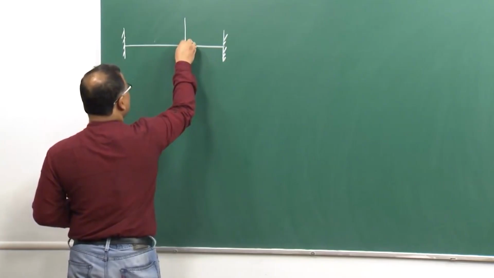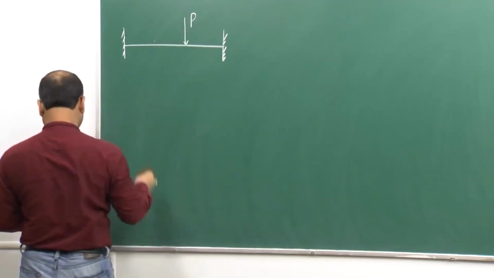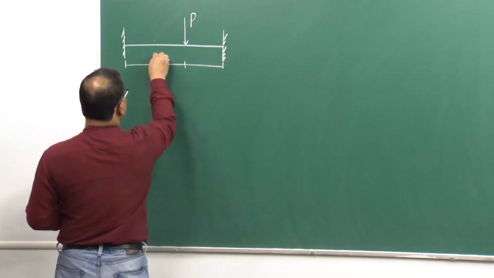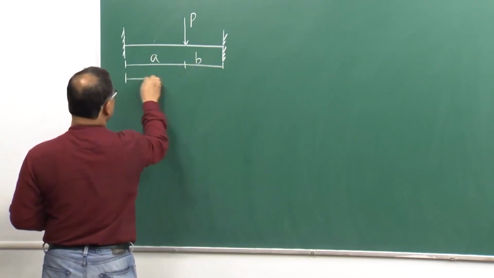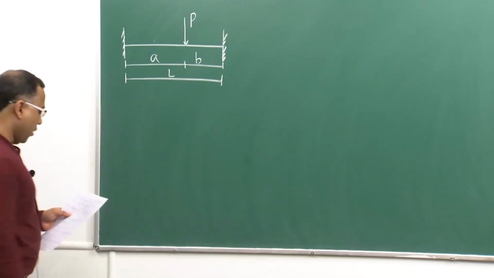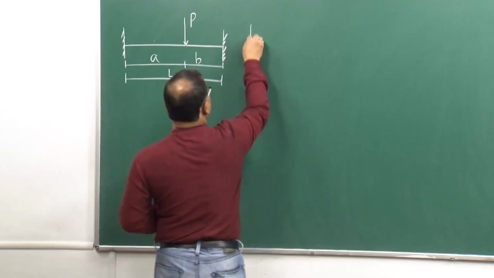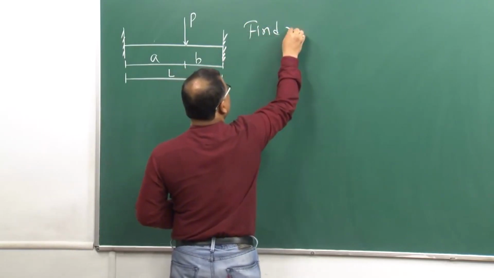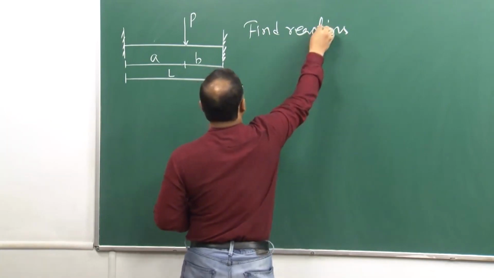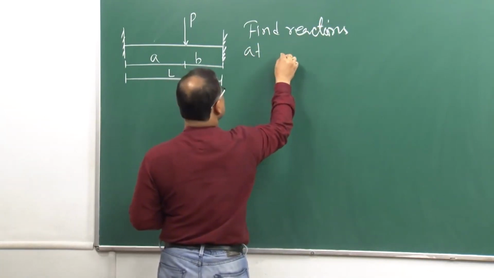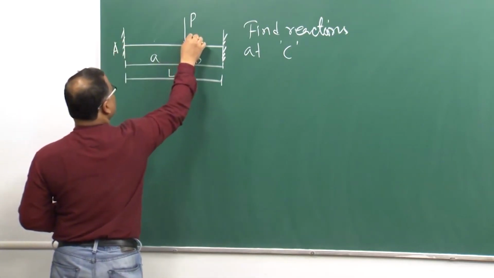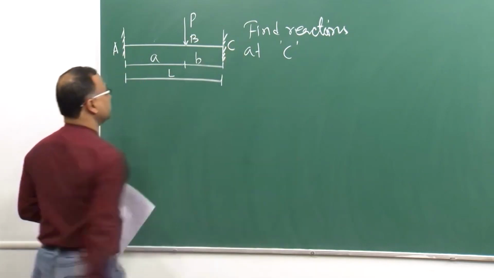I am applying one force P. This is A, this is B, total span of the beam is say L. Our objective is to find reactions at C, where this is your A, this is your B point, this is your C.